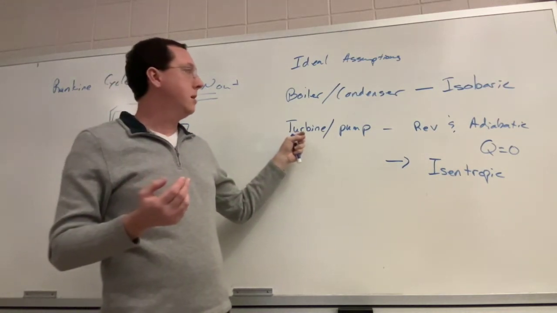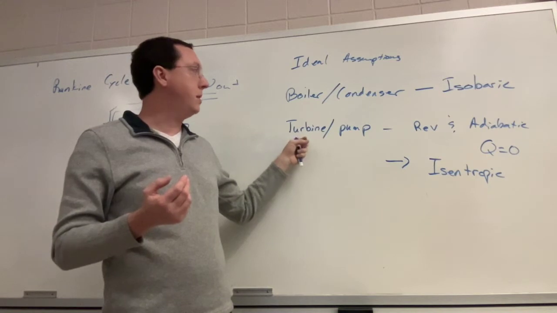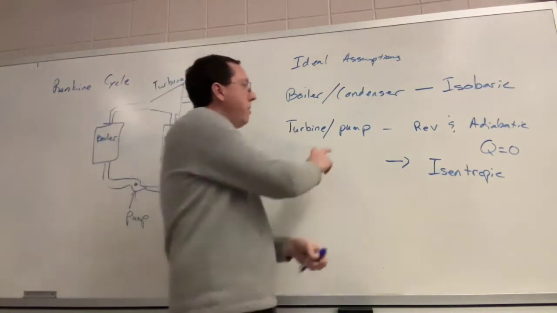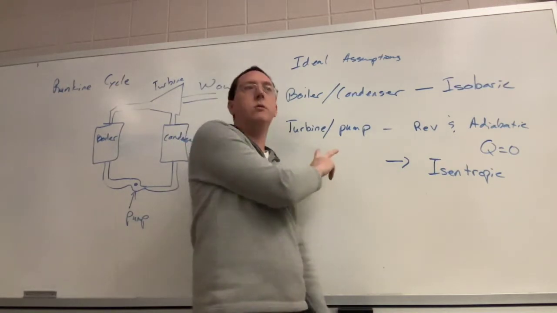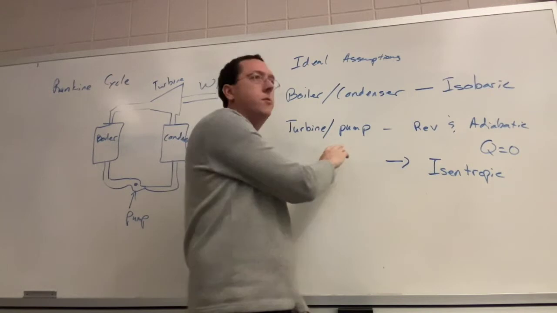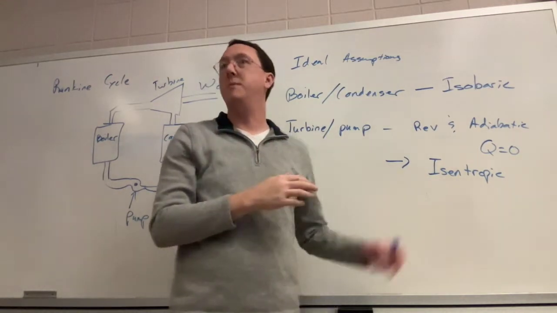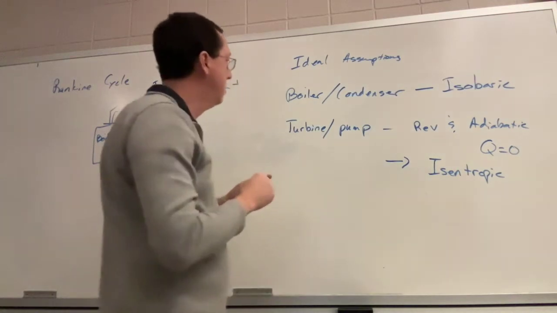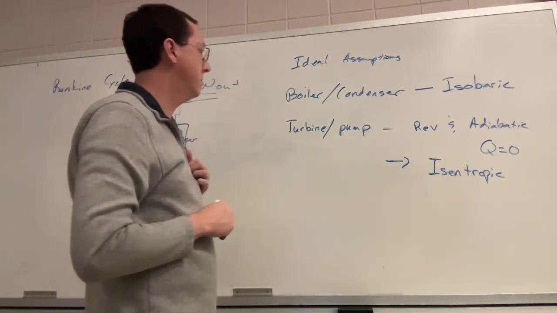It's the entropy that's constant. There's one other device. If we had a refrigeration cycle, we would a lot of times talk about a compressor. It would be the same assumption in a compressor. So turbine, pump, compressor.